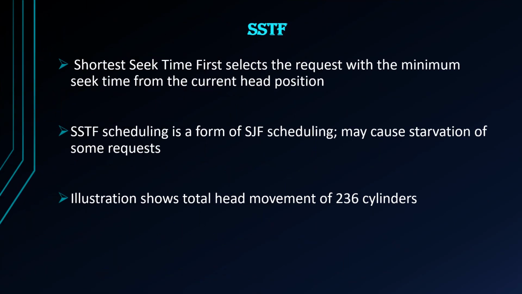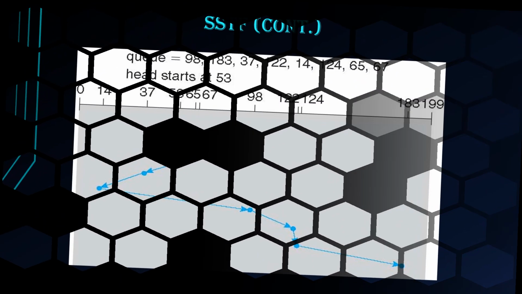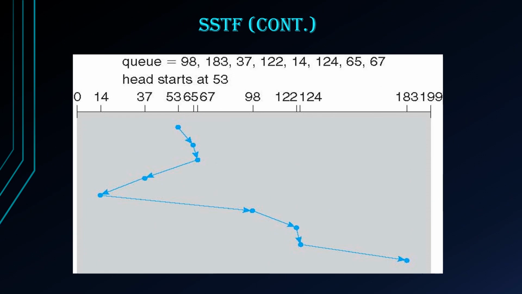And the next topic is SSTF. Shortest seek time first selects the request with the minimum seek time from the current head position. SSTF scheduling is a form of SJF scheduling and may cause starvation of some requests. The illustration shows a total head movement of 236 cylinders for SSTF.